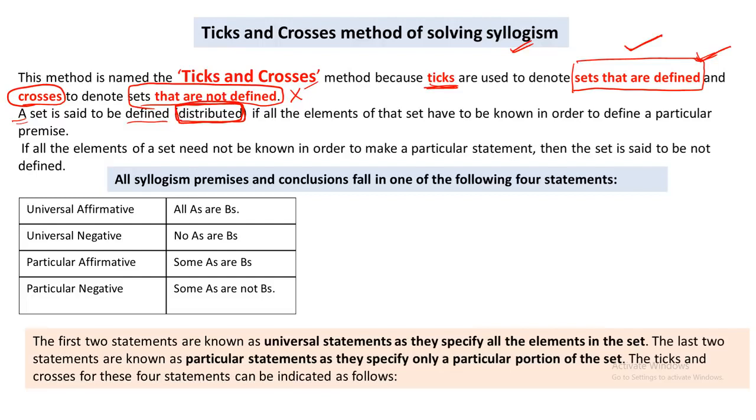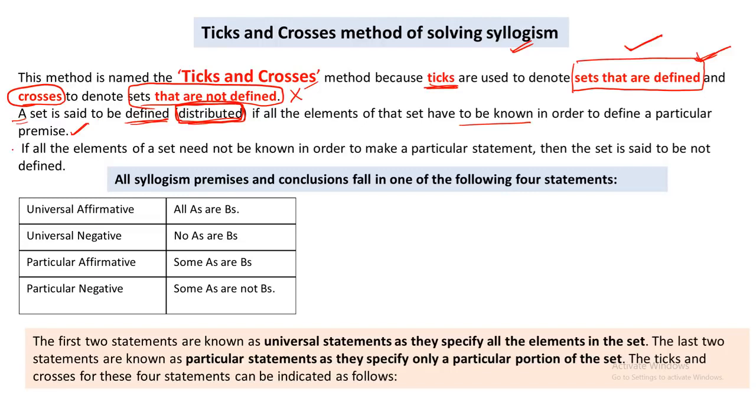Remember this: a set is distributed if all the elements of the set have to be known in order to define a particular premise. A premise is nothing but a statement, and in a particular statement, if we know completely about a particular set, that is called defined or distributed.